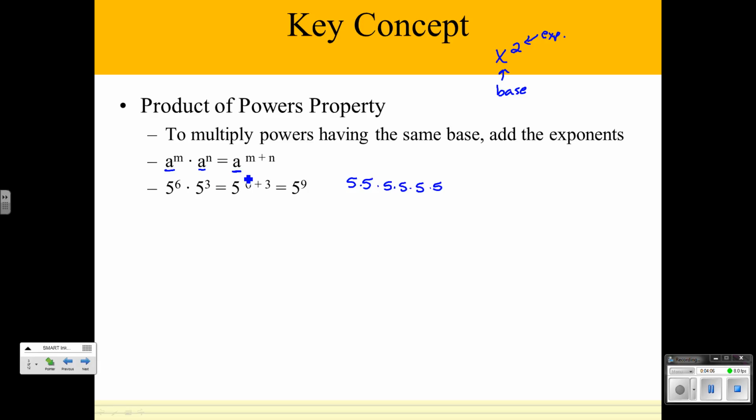And we're multiplying that by 3 more 5s because we have 5 to the 3rd. So how many total 5s do we have multiplied together? 1, 2, 3, 4, 5, 6, 7, 8, 9. So my base is 5 and my exponent is 9, for a power of 5 to the 9th power.